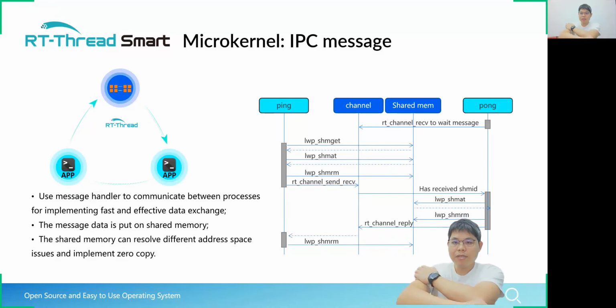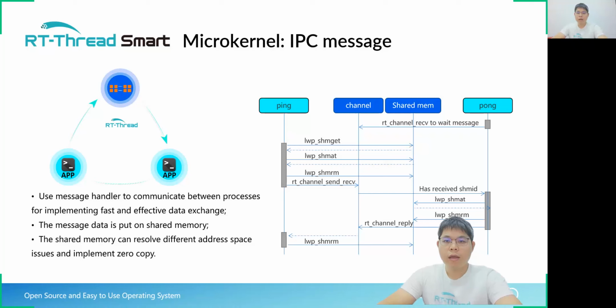The IPC message is very important in a microkernel. RT-Thread Smart uses the channel and shared memory mode. When doing message transmission, it only uses a message handler to communicate between processes, and the message is very short, so the message transmission is very fast.